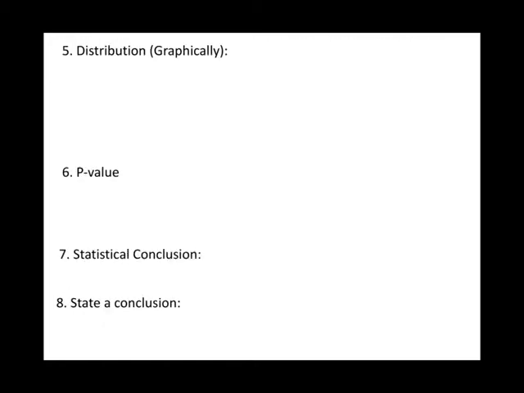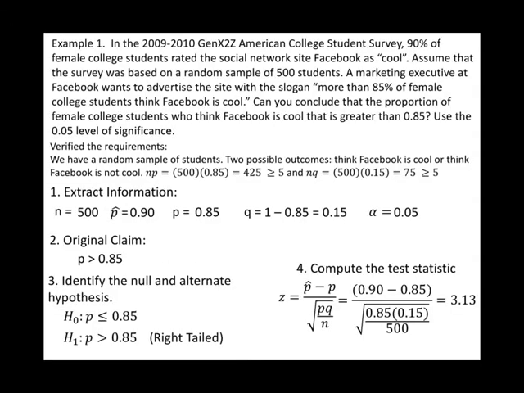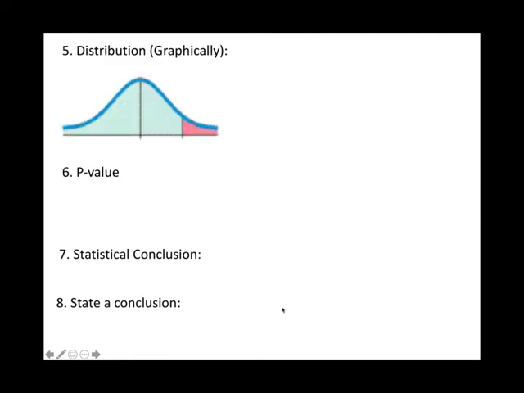Okay, number 5, distribution. So we are using the z distribution. We have the normal distribution with the right tail test. Remember here, that's a right tail with the z. So I have a normal distribution with the right tail, and this point will be equal to your test statistic, which is going to be 3.13.